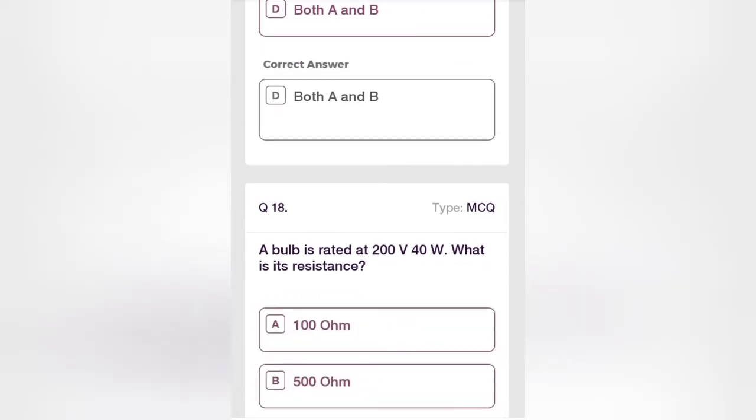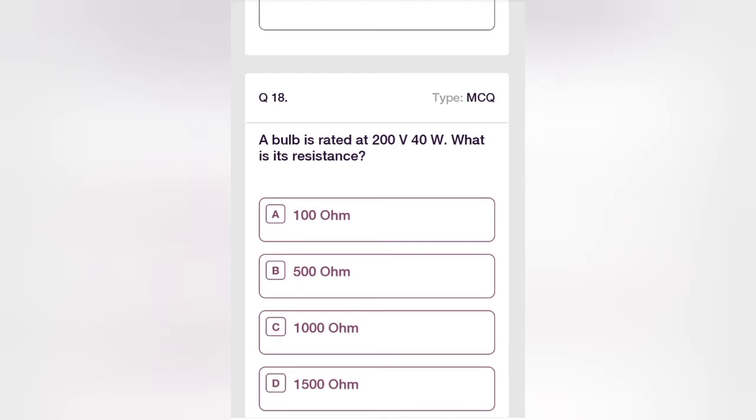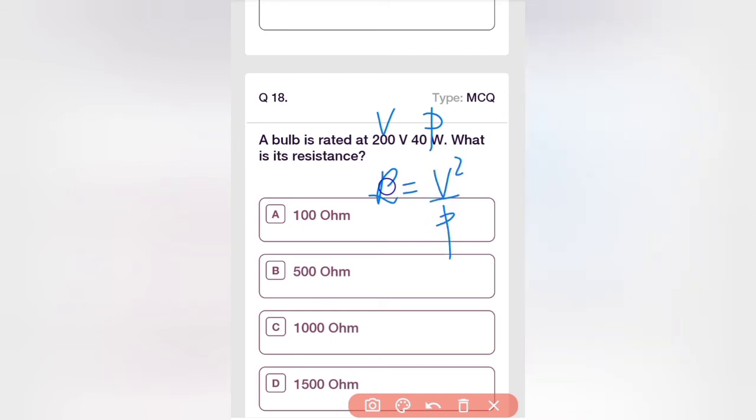A bulb is rated at 200 volt 40 watt. What is its resistance? See, voltage is given, power is given. How to find resistance? R is equal to V square by P. This is the relation.